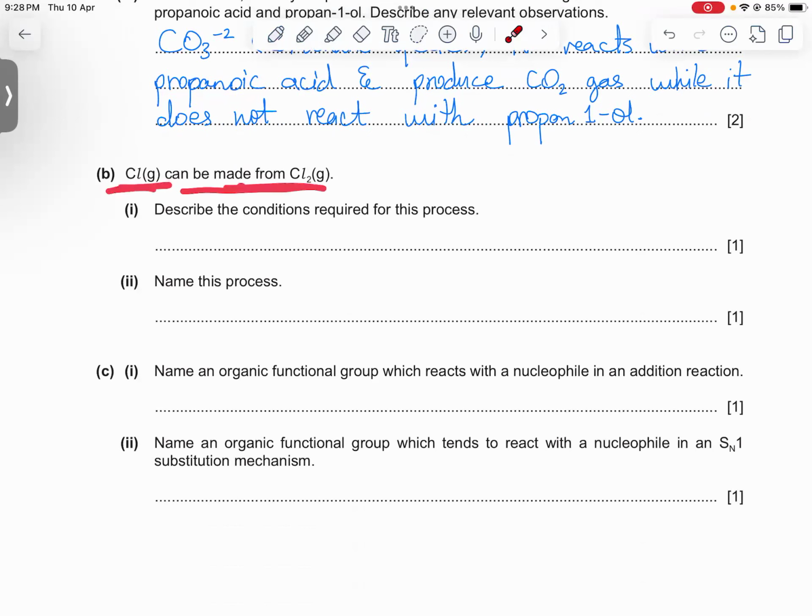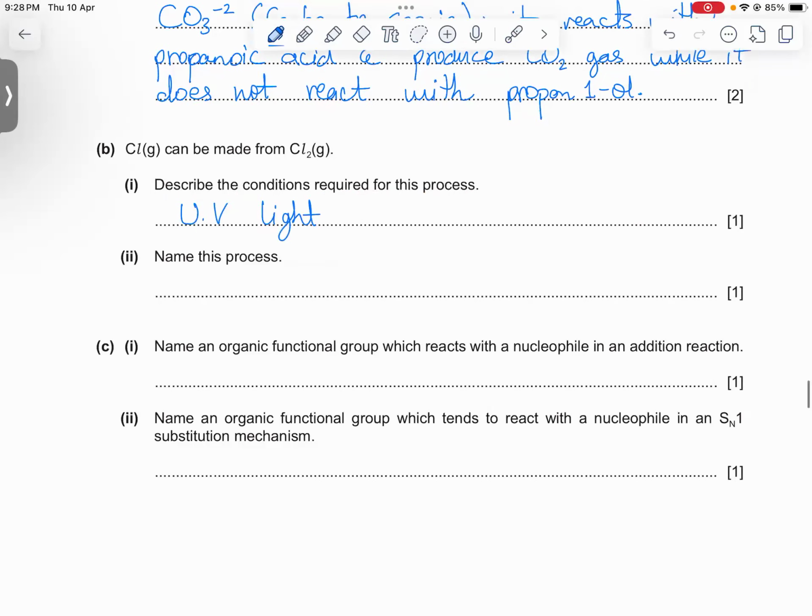All right, on to the next question. Cl radicals can be made from Cl2. Describe the conditions required for this process. Very simple. What do we require? UV light. We require UV light. Name this process. How can we produce chlorine radicals from chlorine? What kind of process is this called? Homolytic fission, right?